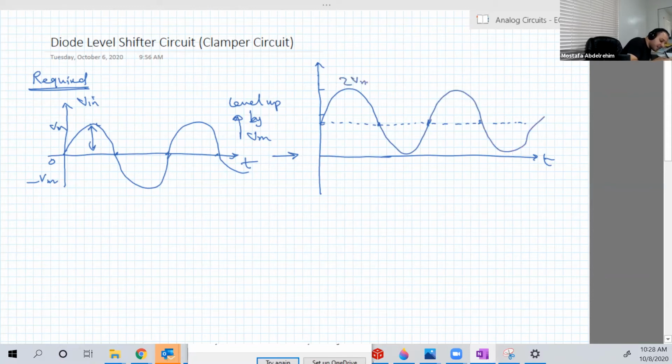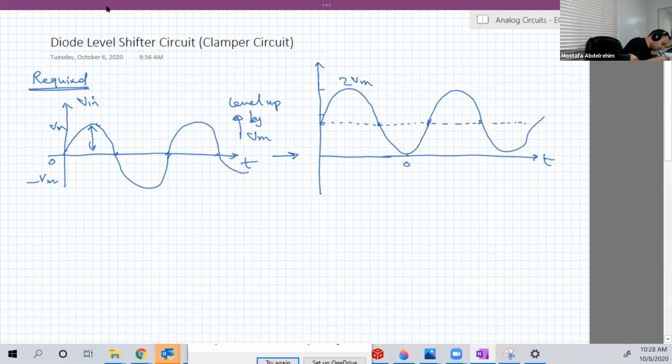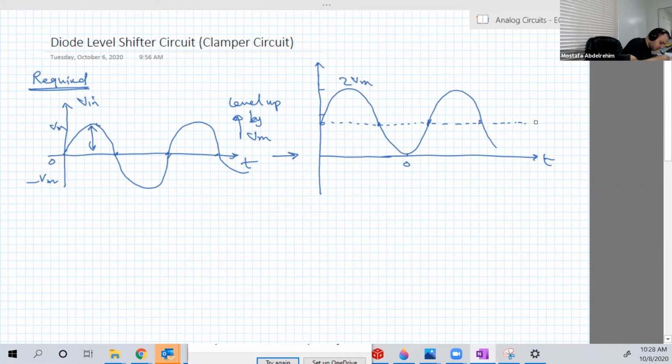So this is 2 Vmax and this is 0. This is much better now.